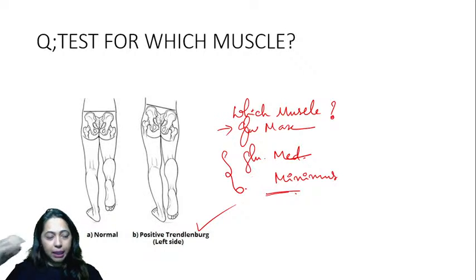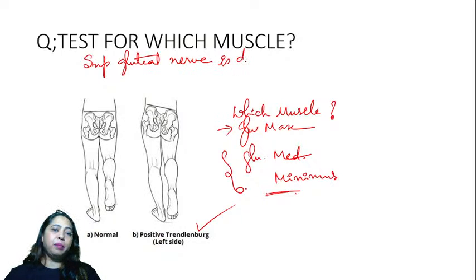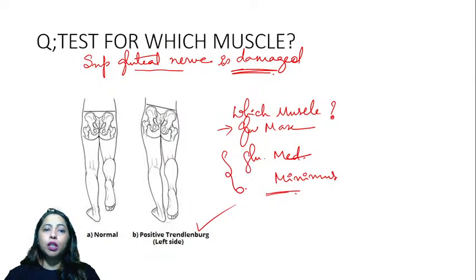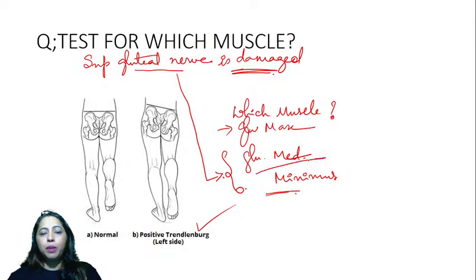Now this one indicates that the superior gluteal nerve is damaged. If it's a positive sign, it indicates that it is damaged. So which muscle is supplied by superior gluteal? Superior gluteal supplies the medius and the minimus, because it passes through the gap between these two. According to anatomy, any nerve passing between the muscles has to supply the muscles.